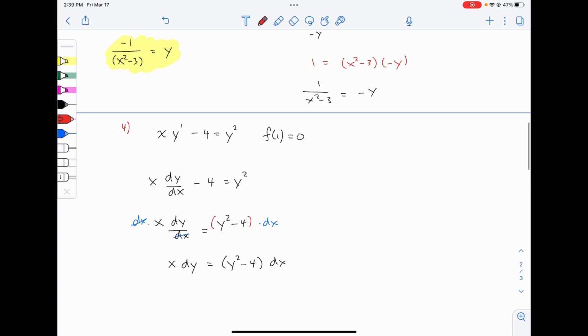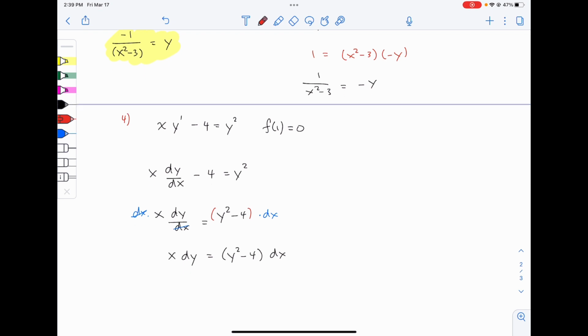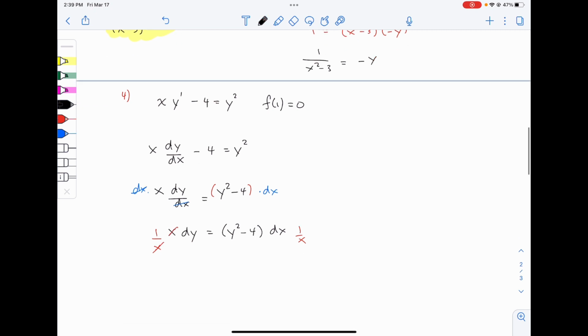I'm going to times both sides by 1 over dy. Oh, sorry, no. 1 over x. So these cancel out. I have dy is equal to y squared minus 4 dx over x.